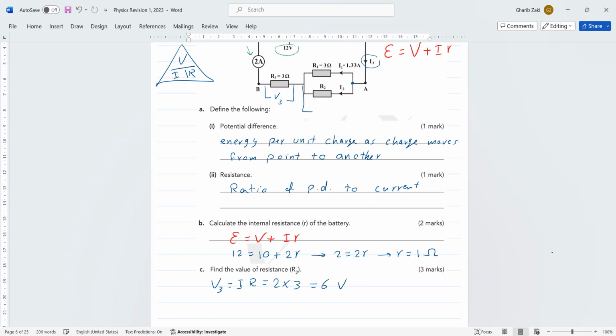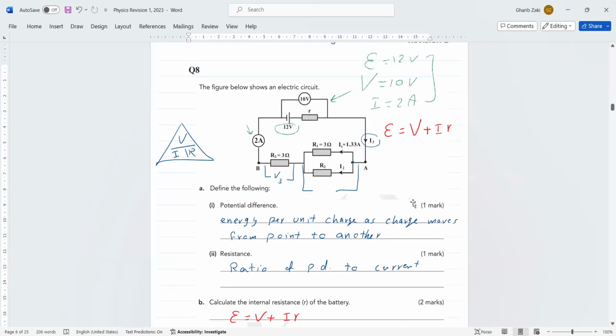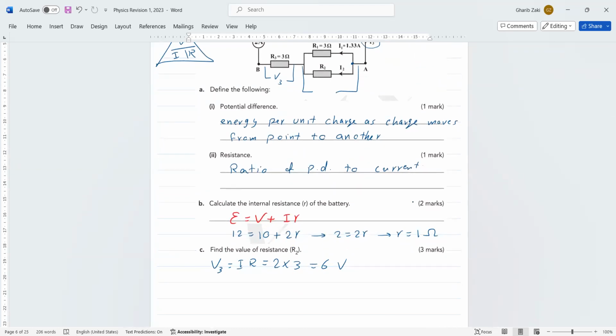2 times 3, 6 volt. Now, the voltage through the parallel resistors, the total external voltage or the terminal voltage is 10, not 12. Then the voltage of R1 equals the voltage of R2 because they are in parallel, equal to the terminal voltage 10 minus 6. So it's 4 volt. Now, we need to calculate R2.